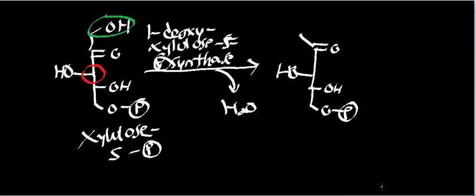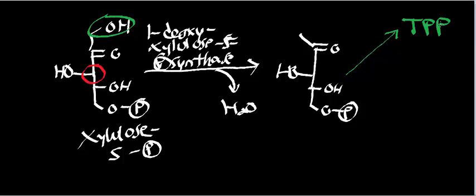Well, it turns out that this particular molecule can go into other biosyntheses. So we can take xylose 5-phosphate out of the pentose phosphate pathway when we generate it, and we can use it in other biosyntheses. One of the biosyntheses that it's used for is the biosynthesis of thiamine pyrophosphate.